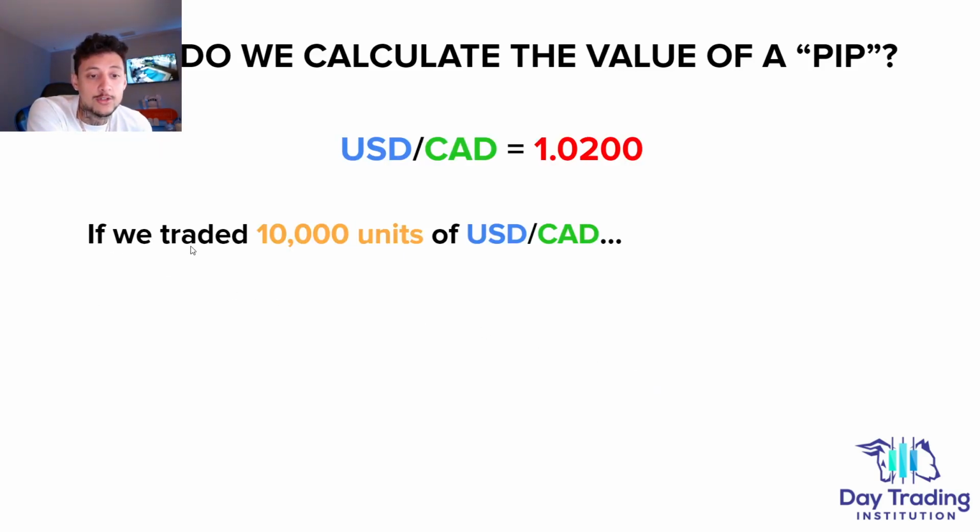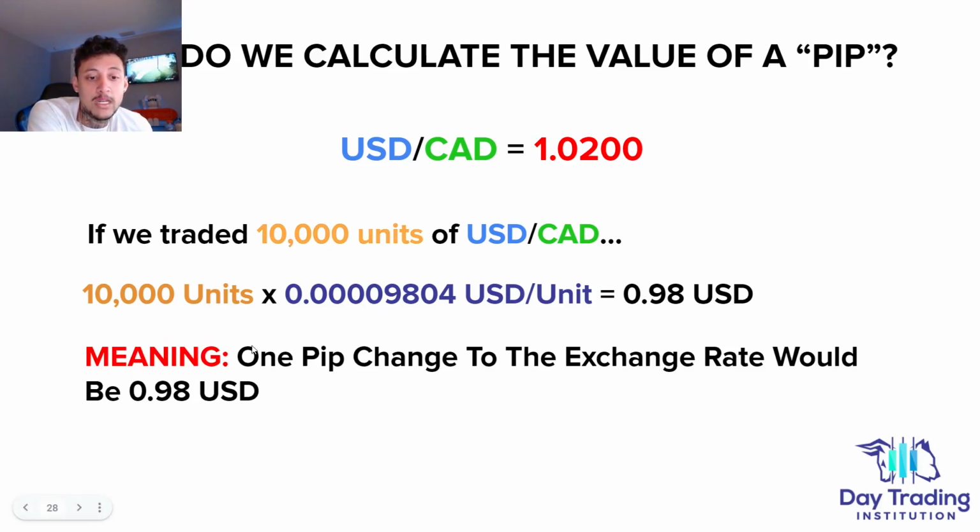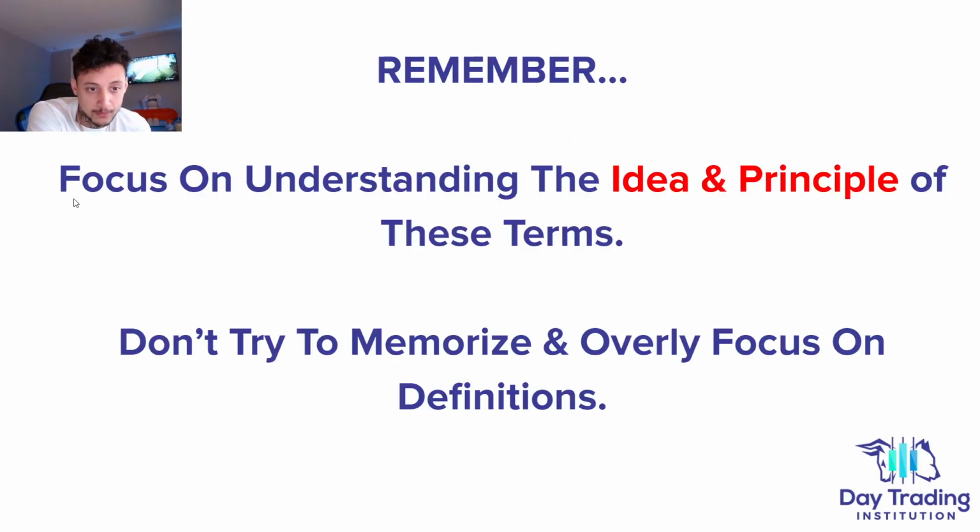So if we traded 10,000 units of USD CAD at the current exchange rate of 1.0200, then 10,000 units times 0.00009804 USD per unit is going to cost us 98 cents. That's what we're going to be quoted, meaning a 1 pip change to the exchange rate would be 98 cents to the dollar.